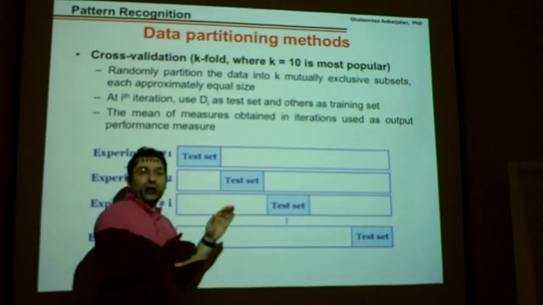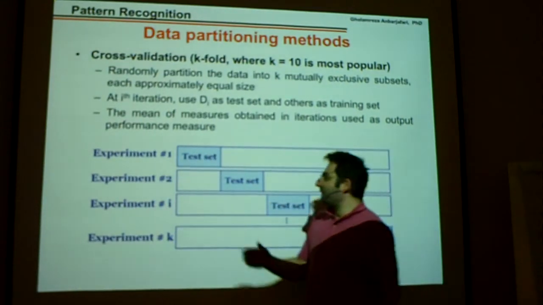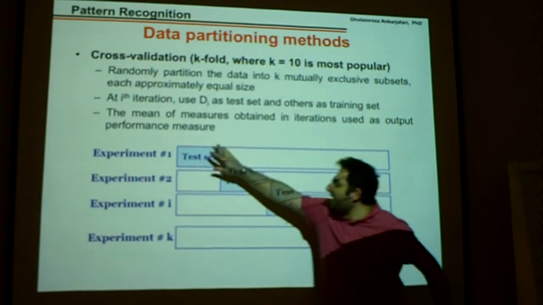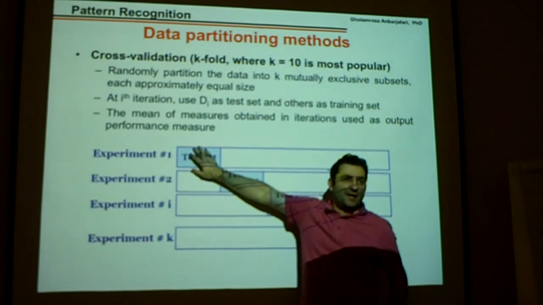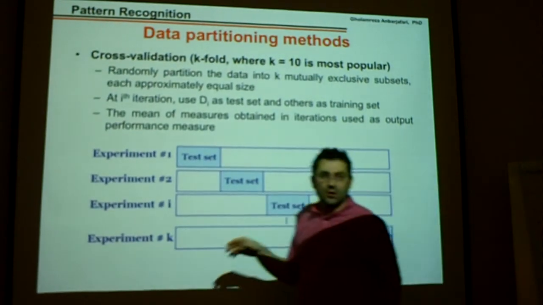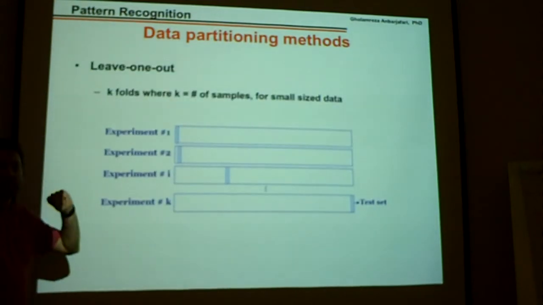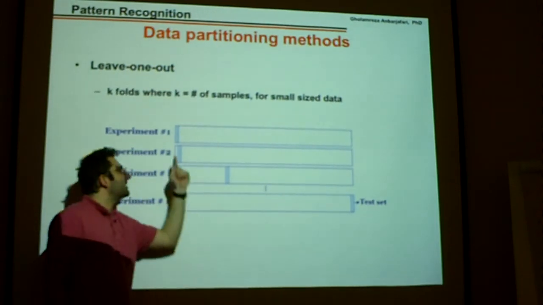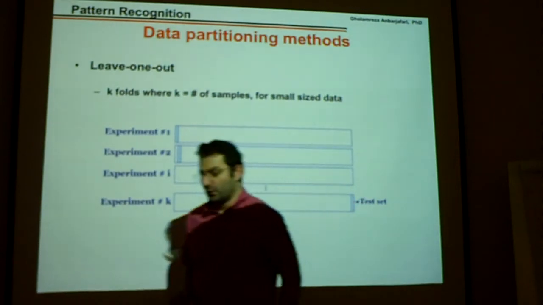And in order to make a very correct conclusion, we have to pick these randomly, because maybe it happened that this is a very biased set of tests. So we have to randomly try it and then we average that out. Or there exists another method which is called leave-one-out. You keep one out, you use the rest for training, but you try for every single element in order to come to a conclusion.